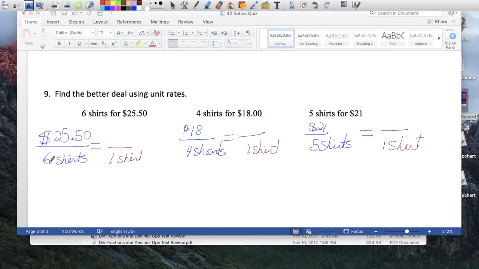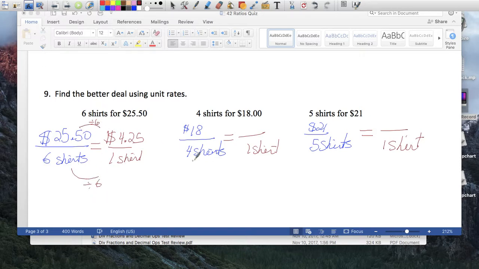So to get this to a unit rate, well, remember, I'm changing this to an equivalent ratio. 25.50 over 6. How did the 6 become a 1? Divide by 6. So I'm going to divide the top by 6. 25.50 divided by 6 is going to give me $4.25. Right?